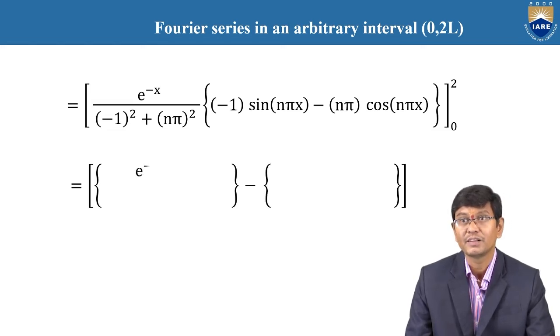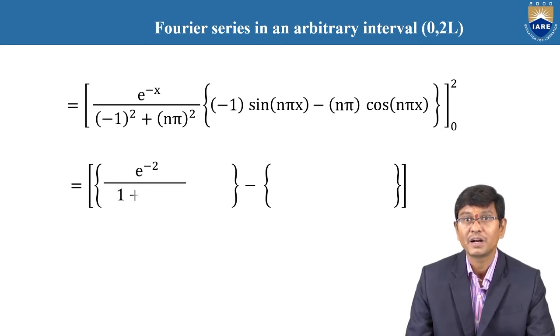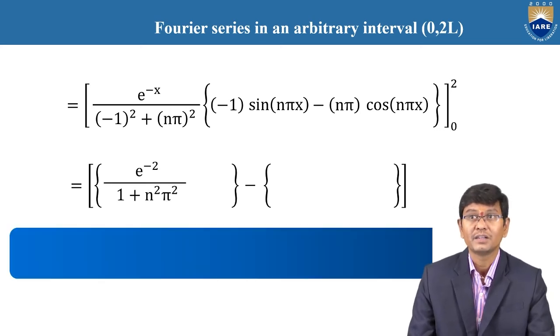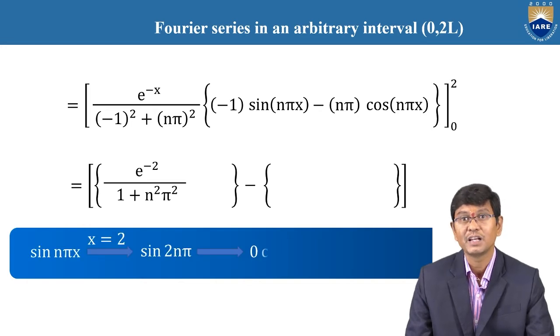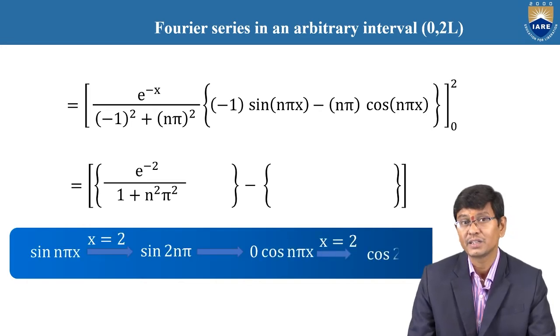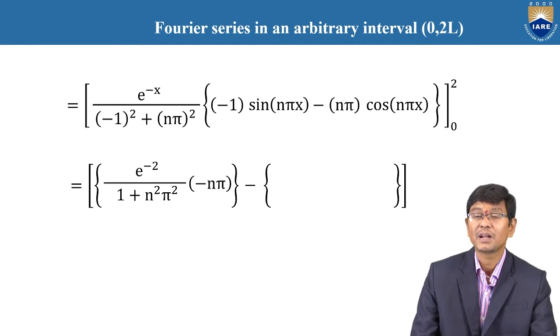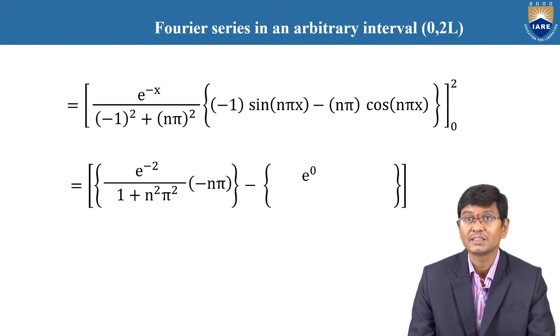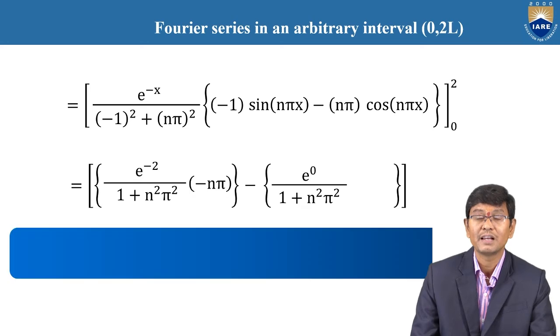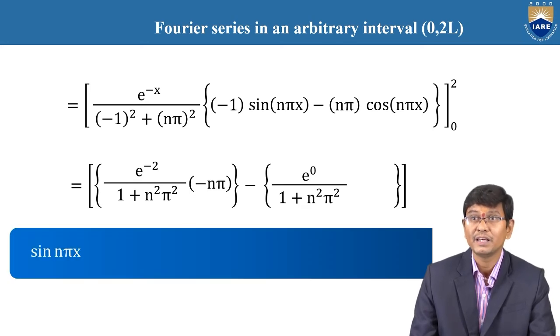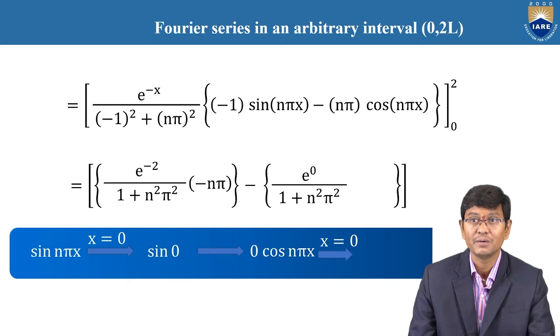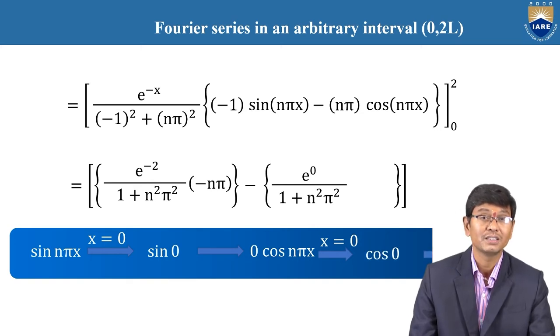At x equal to 2, sin 2nπ is 0 and cos 2nπ is 1, so in the first bracket the value is minus nπ. In the second bracket, at x equal to 0, sin nπx is 0, and cos 0 is also 1.